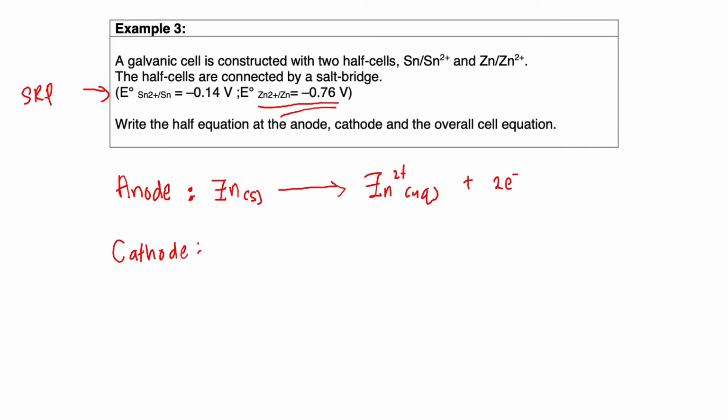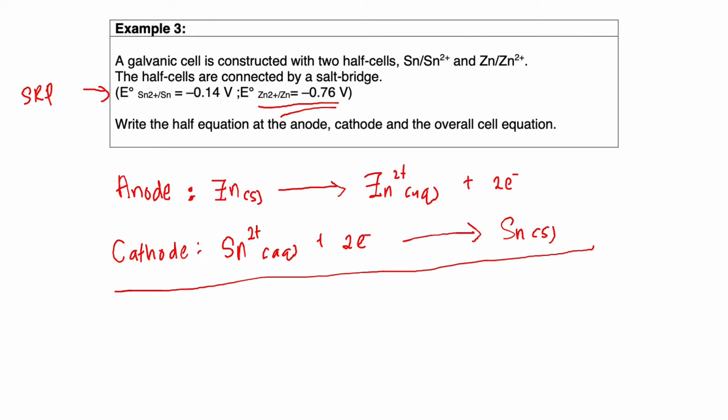And then at cathode, of course, tandem will undergo reduction because it is more positive, not electropositive, more positive. So we are going to write tandem 2 plus aqueous plus 2 electron to produce tandem solid. So our overall, this one and this one will cancel each other, and we are going to get this.